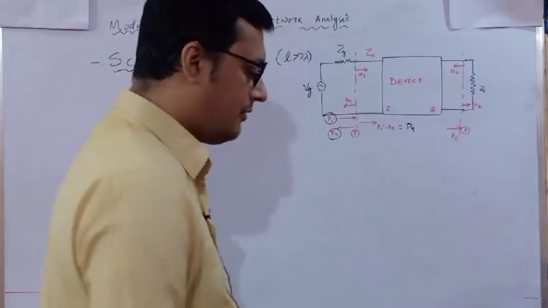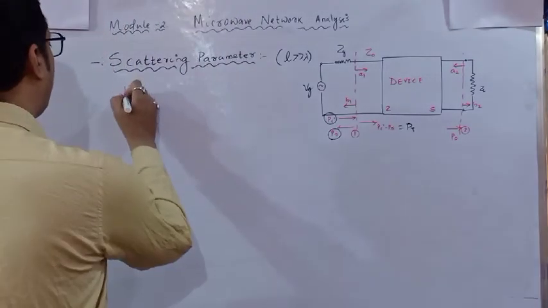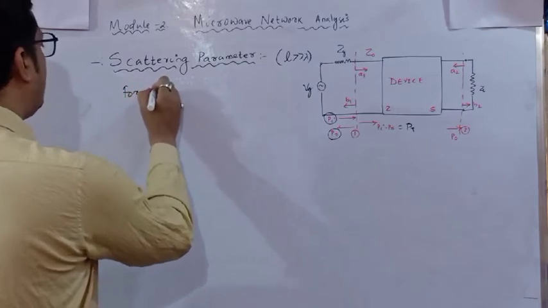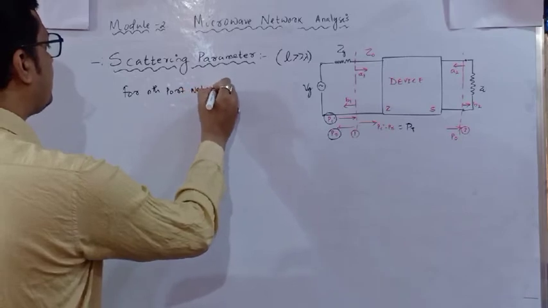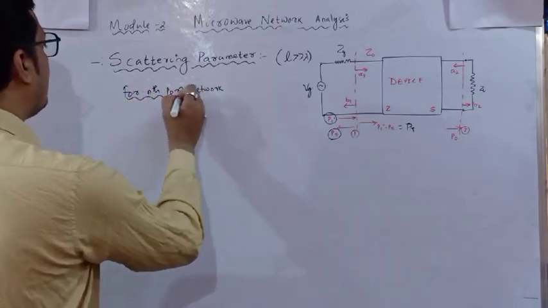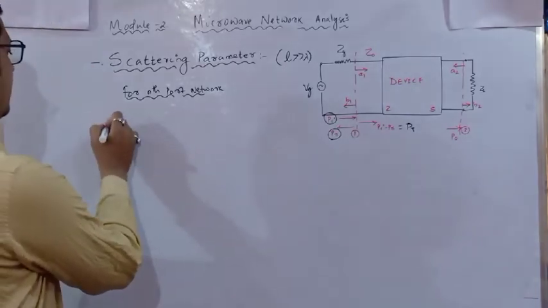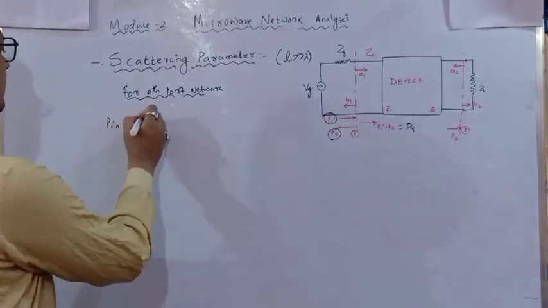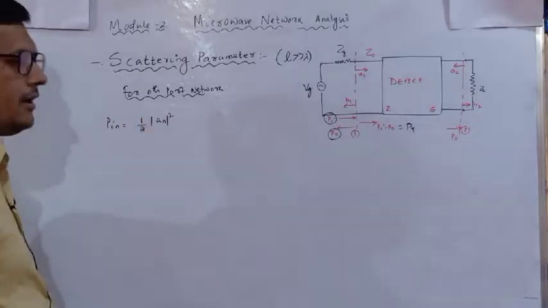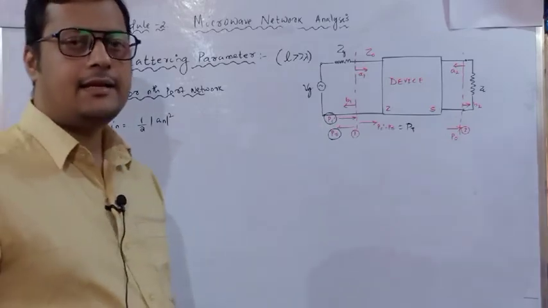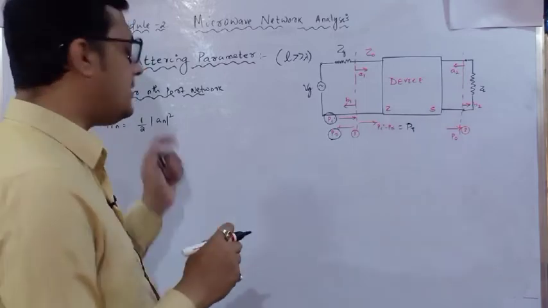So first let me write the input power. It is a two-port network. For an nth port network, if I want to discuss the input power, the input power will be half of mod an square. Here an is the normalized incident potential.